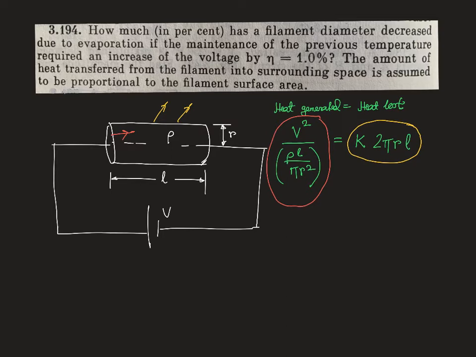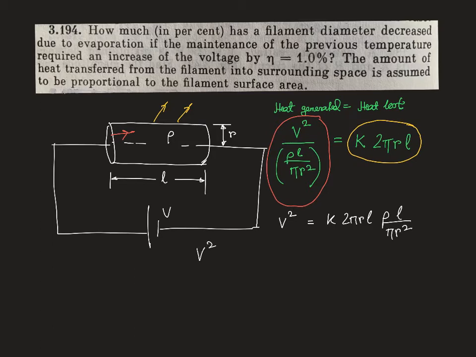Now therefore we can write V square is equal to K times 2 pi RL times rho L by pi R square.